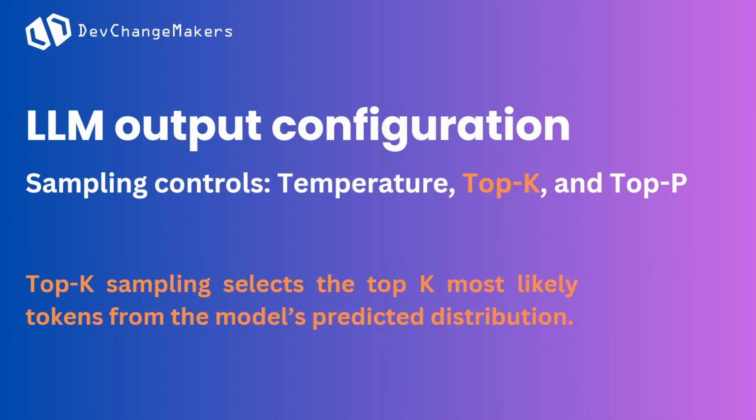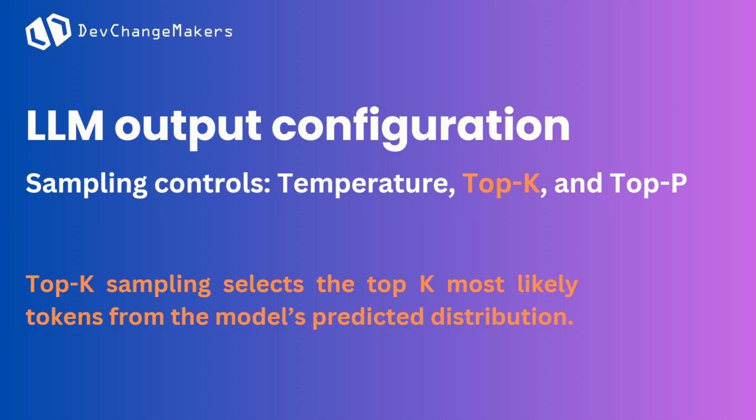The next one is top K. The LLM actually gives us a sequence, and the sequence depends on the probability value. For example, I said hi, hello, then what is the next word it can predict? For example, it predicts words like how are you.